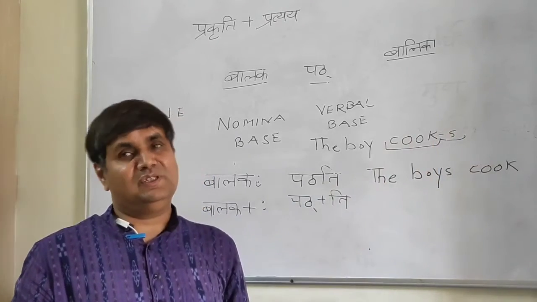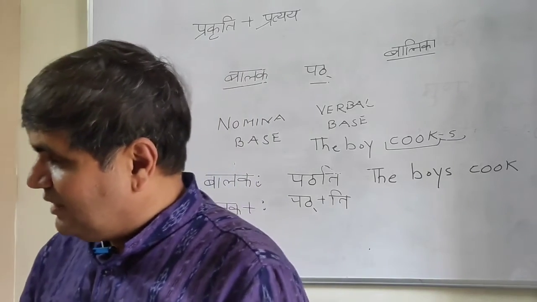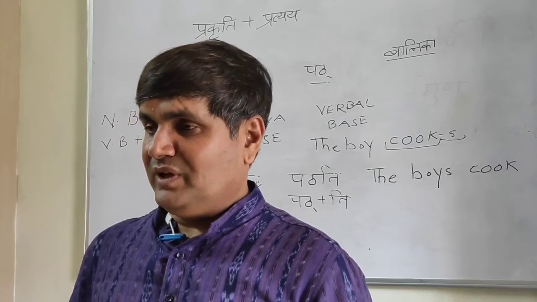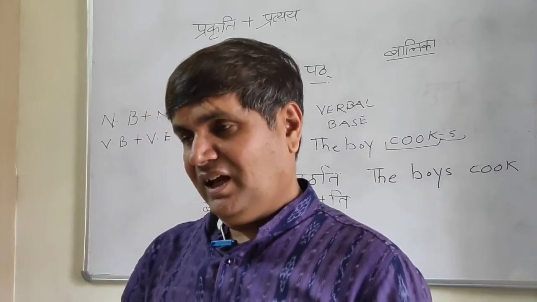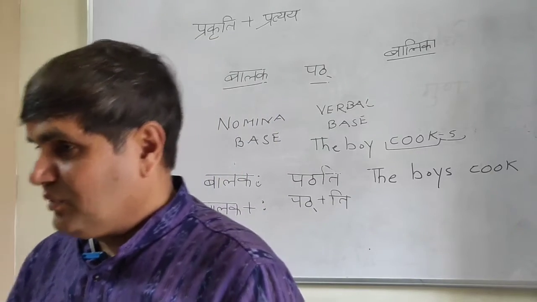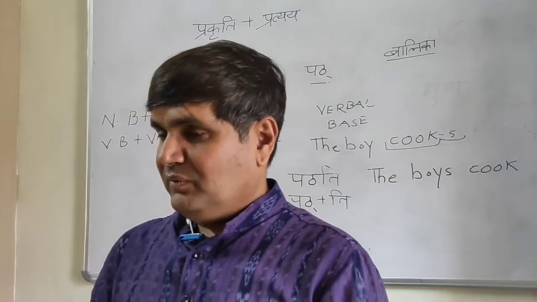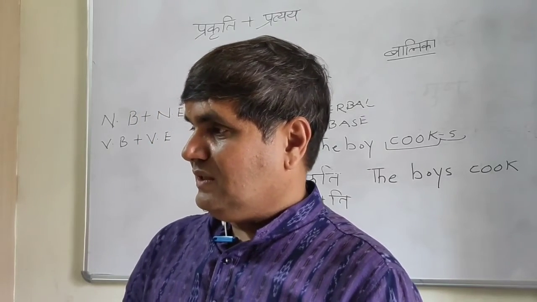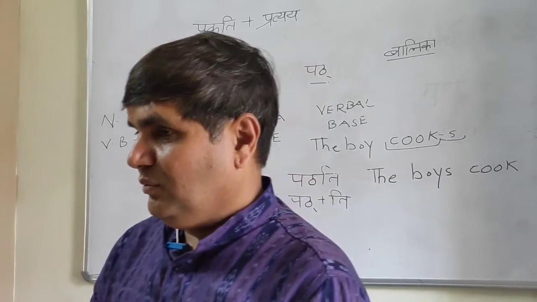So sometimes it is visible and sometimes it is not visible. But every single independent Sanskrit word comprises two word entities, the prakriti entity and the pratyaya entity. Can you pronounce it? The verbal base, verbal ending, nominal base and nominal ending.